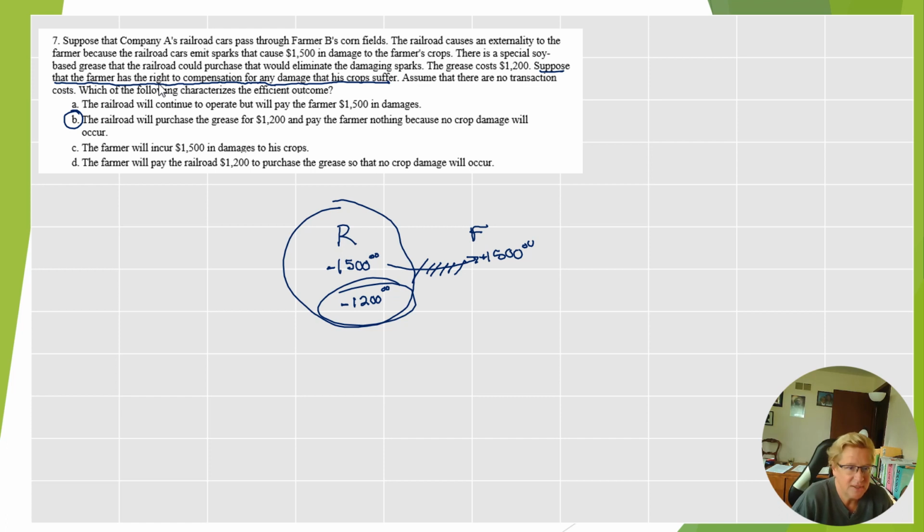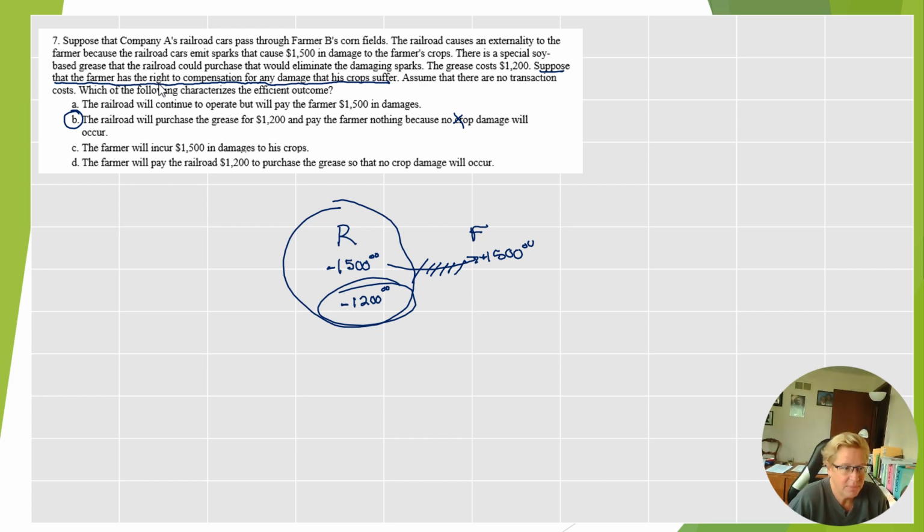So in this case, the Coase-like situation would be for the railroad to purchase the grease to ensure that the crop damage doesn't happen, and that would be a more Coase-like advantage.